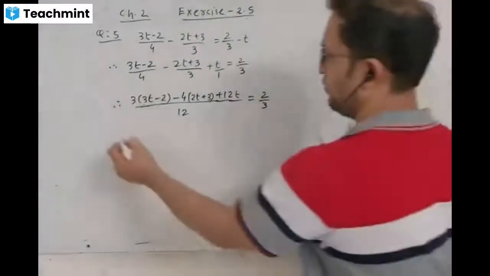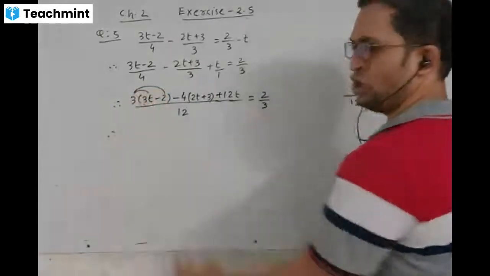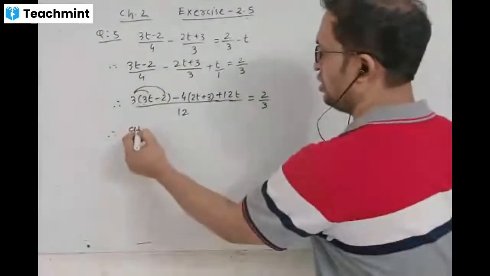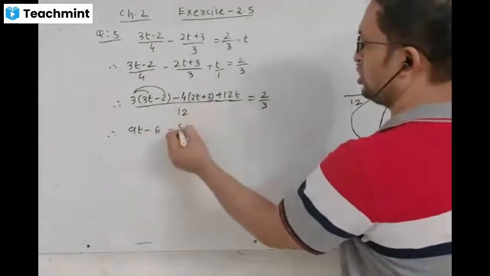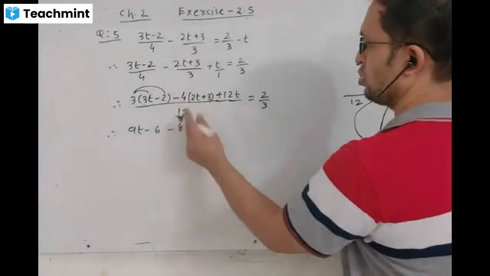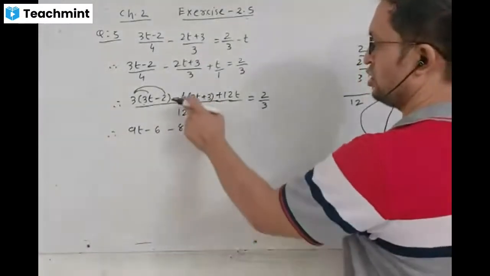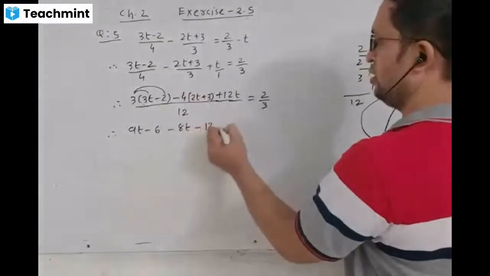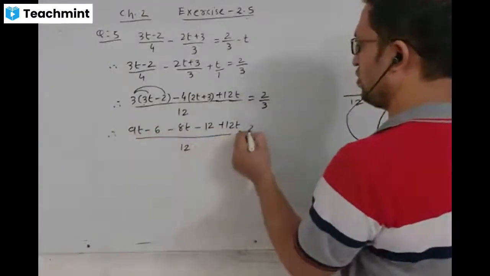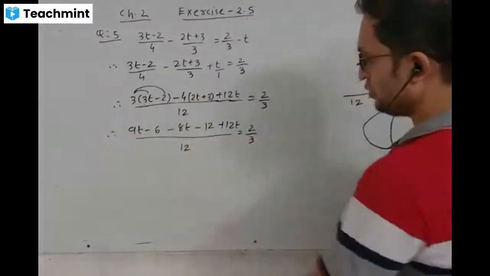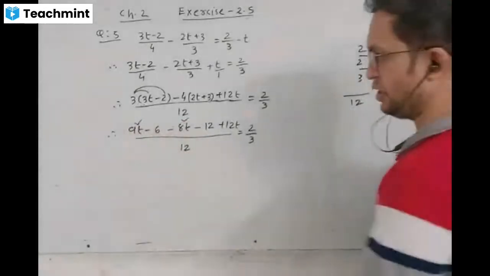Okay. And simplify this bracket. 3 into apply distributive law. 3 into 3t, 9t minus 3 2s are 6 minus 4 2s are 8t minus plus minus. Remember this. Minus plus minus. 4 3s are 12 plus 12t divided by 12, that is equal to 2 by 3. 9t minus 8t, that is equal to only one time t.